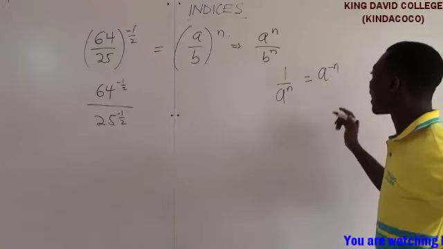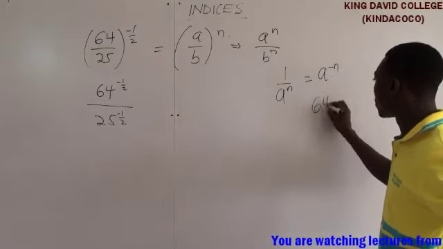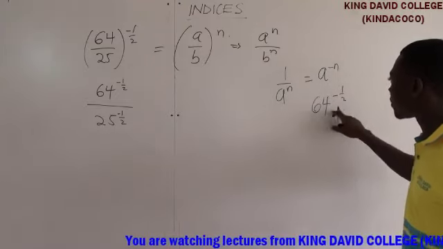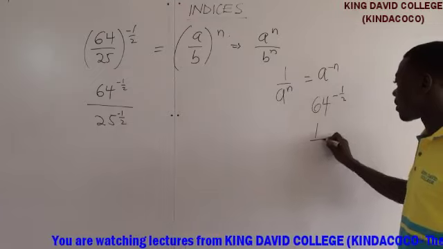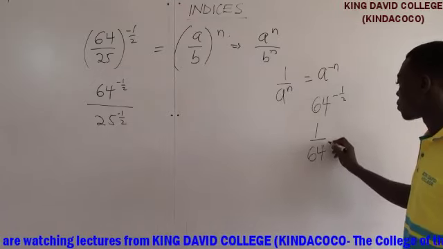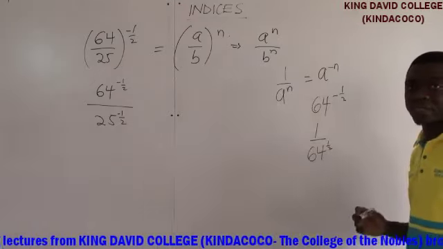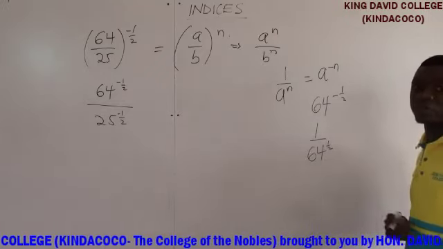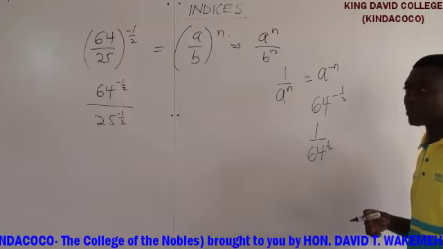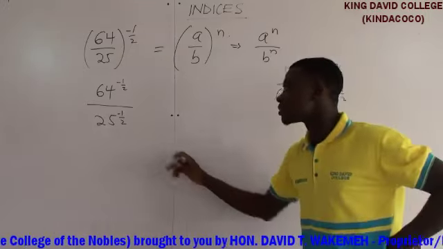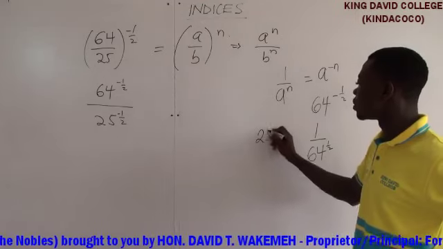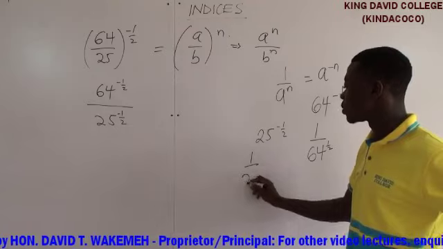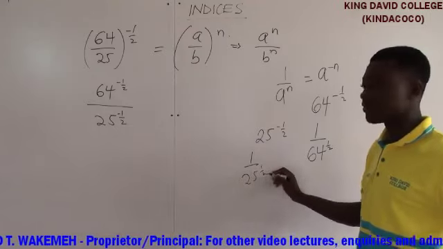So if I'm having 64 to the power minus half, I can rewrite this as 1 over 64 to the power half. Same way, 25 to the power minus half, I can rewrite as 1 over 25 to the power half.